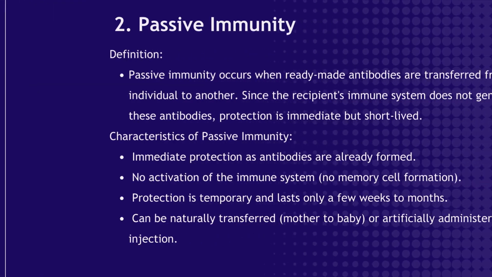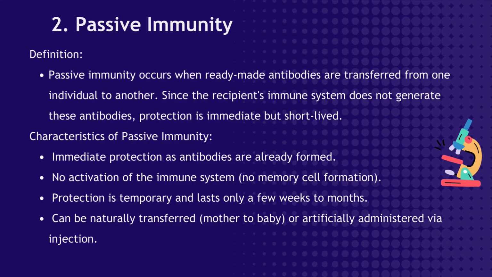Passive immunity. Definition: passive immunity occurs when ready-made antibodies are transferred from one individual to another. Since the recipient's immune system does not generate these antibodies, protection is immediate but short-lived.